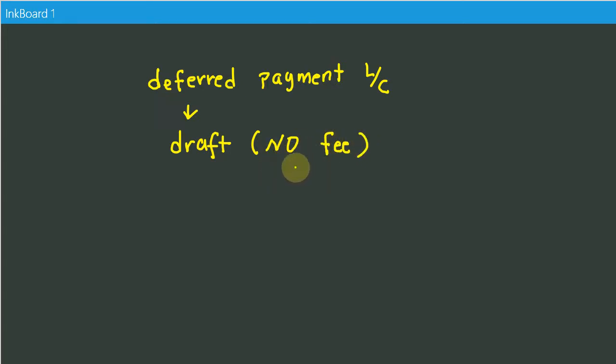We can save the money for paying for the draft. So this deferred payment LC is frequently used among countries which are not accustomed to bill of exchange, the draft.